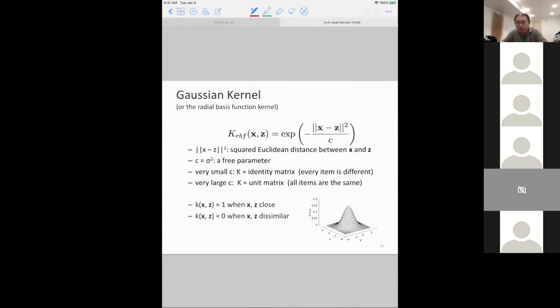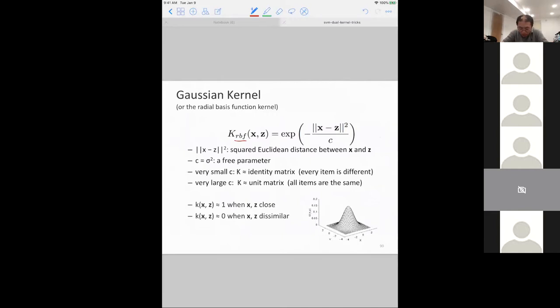Another very commonly used kernel is called the Gaussian kernel. The computation of the Gaussian kernel is very similar to the standard Gaussian distribution's density, except that it doesn't contain those constant factors. It is also referred to as the RBF kernel, radial basis function kernel.